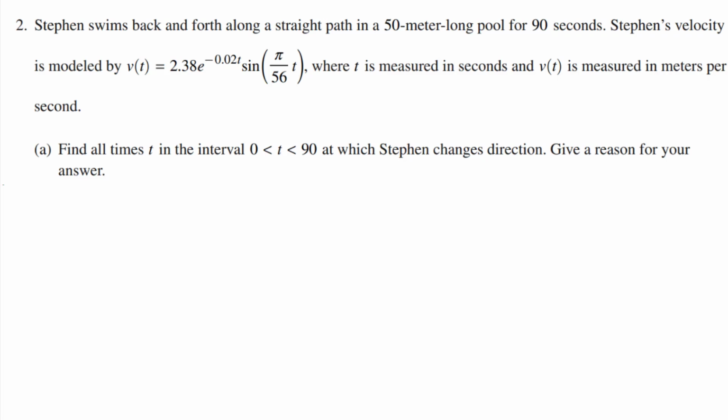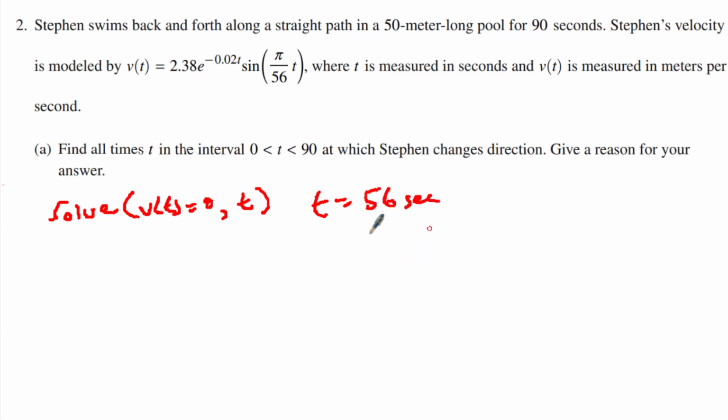And so you're going to either graph this or solve. If you put in your calculator, solve v of t is equal to 0 and solve for t, it ends up giving you t is equal to 56 seconds. If you take a look at the way the graph looks at 56 seconds, you can see it changes from positive to negative at t equals 56 seconds.